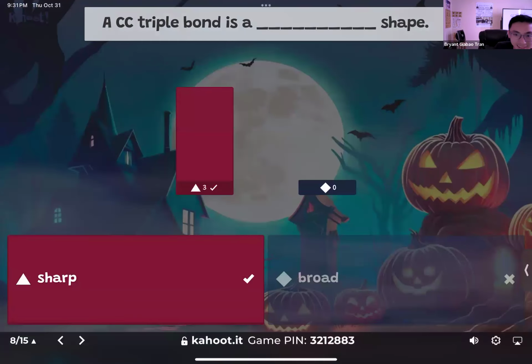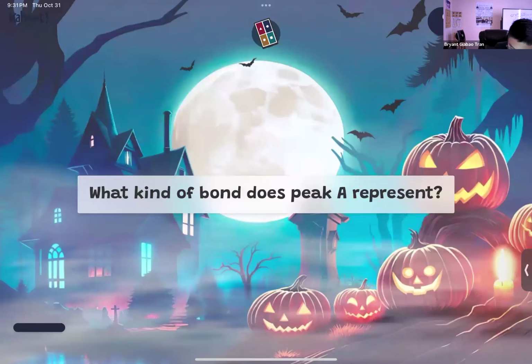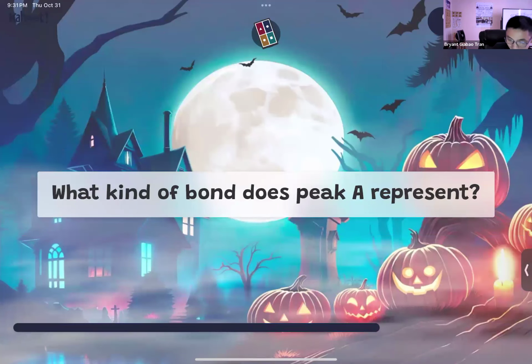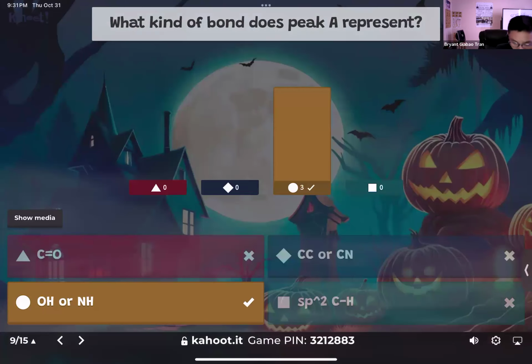Nice, nice. Sharp peak, sharp peak. Yep. Nice, nice.